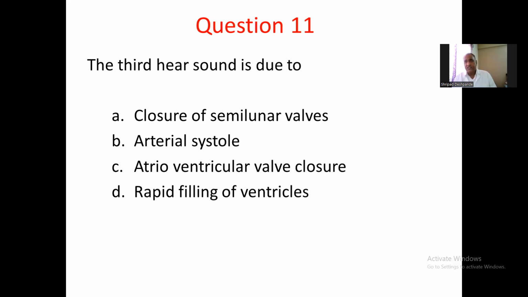Now, if I consider it as heart sound, the third heart sound, because I don't want to consider it in the examination as a heart sound, because what is written is not what I read as a student. So third hear does not exist. However, even if you read it as a third heart sound, the options are A, closure of semilunar valves, B, atrial systole, C, atrioventricular valve closure, D, rapid filling of the ventricles.